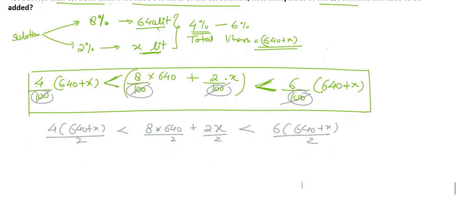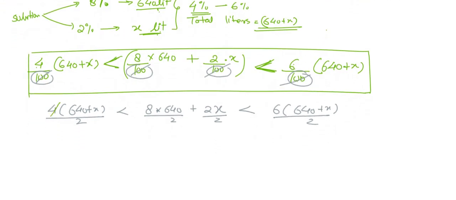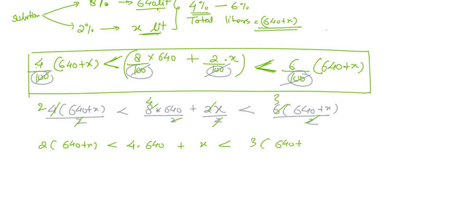Okay. So what can we do here? This will cancel, 2 and 2. So I am getting 2 into (640 plus x) less than, this will cancel, 4 into 640, 2 cancel, less than, this is 3 into (640 plus x). Correct? Now we will simplify a little bit further. This is the middle term.